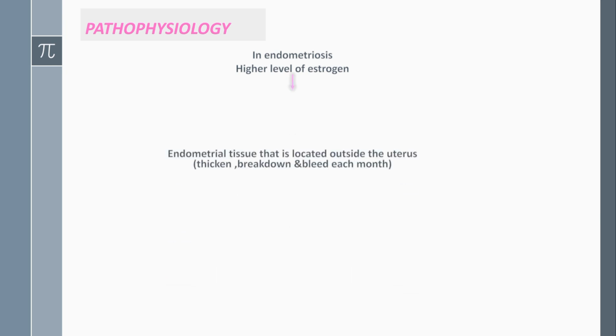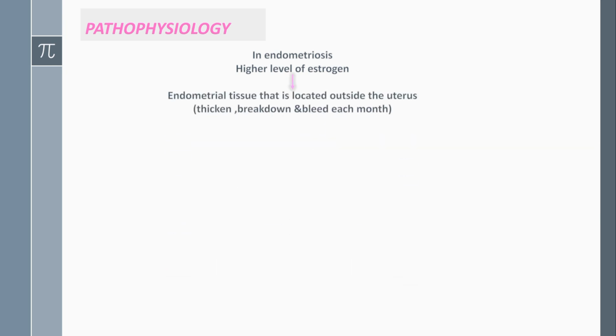And now we talk about the pathophysiology of endometriosis. The endometriotic tissue exhibits increased levels of inflammatory mediators, mainly prostaglandin E2, and increased estrogen production due to the high aromatase activity of the stromal cells. This change enhances the persistence of the endometriotic tissue within a foreign location. So when there is an increased level of estrogen, the endometrial tissue located outside the uterus thickens, breaks down, and bleeds each month.